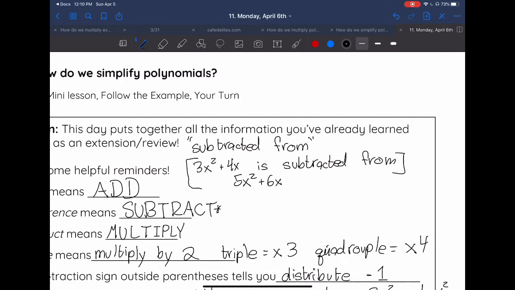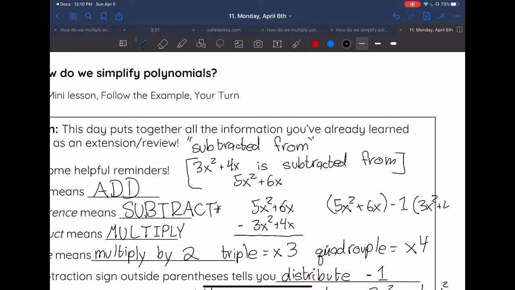When I say that 3x squared plus 4x is subtracted from 5x squared plus 6x, the way that I want to set this up is actually 5x squared plus 6x first, and distributing that -1.